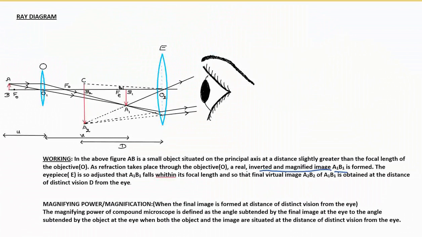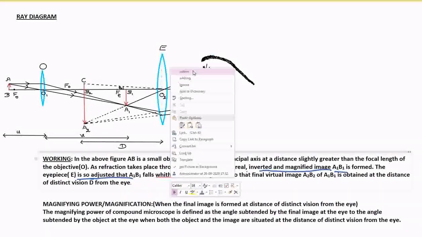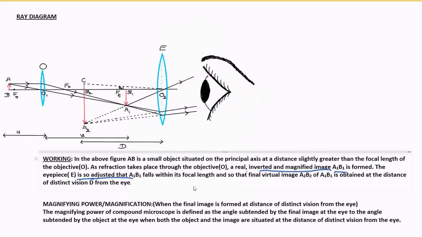The eyepiece is so adjusted that A1B1 falls within its focal length, and so that the final virtual image A2B2 of A1B1 is obtained at the distance of distinct vision D from the eye.